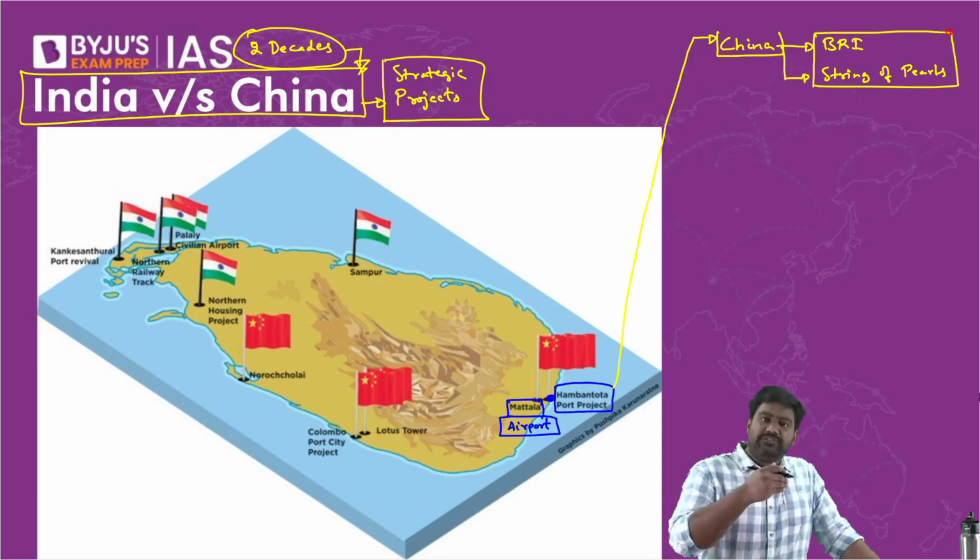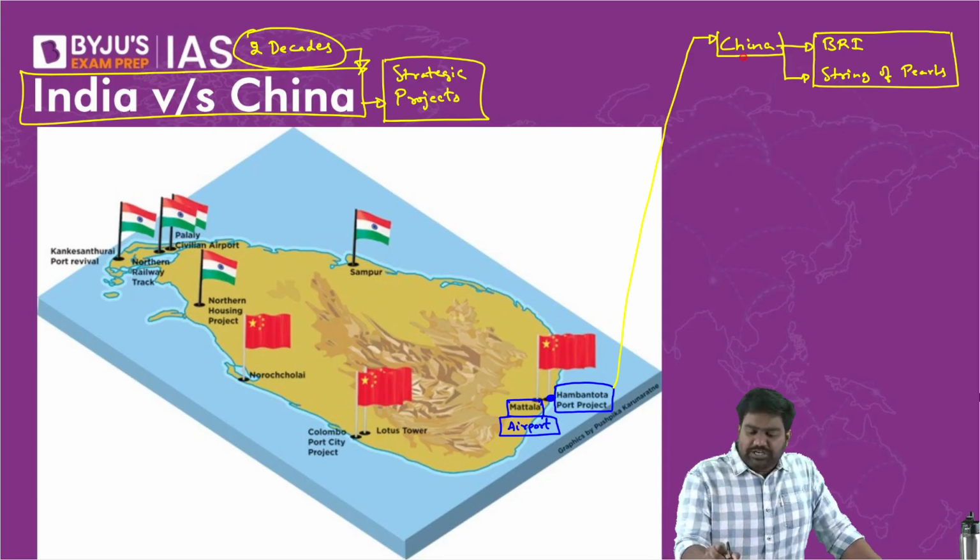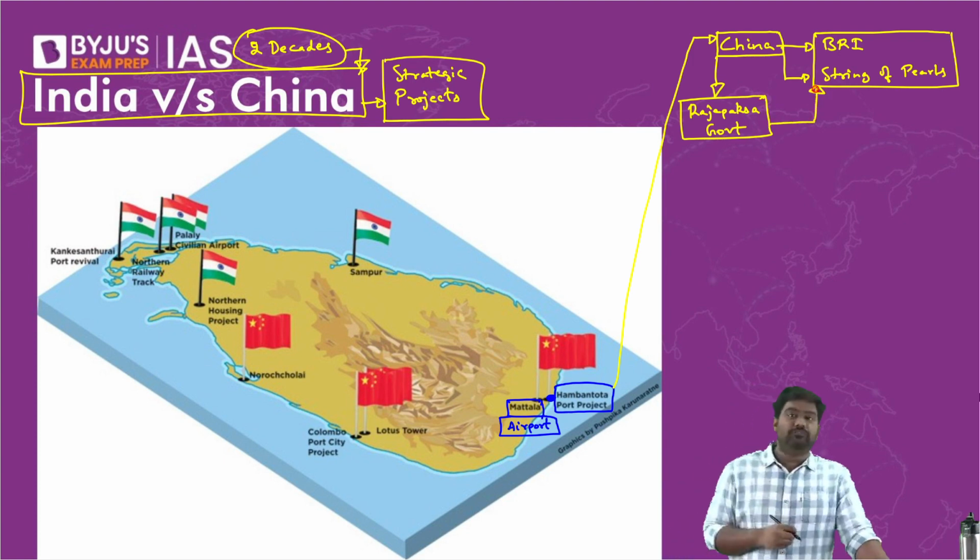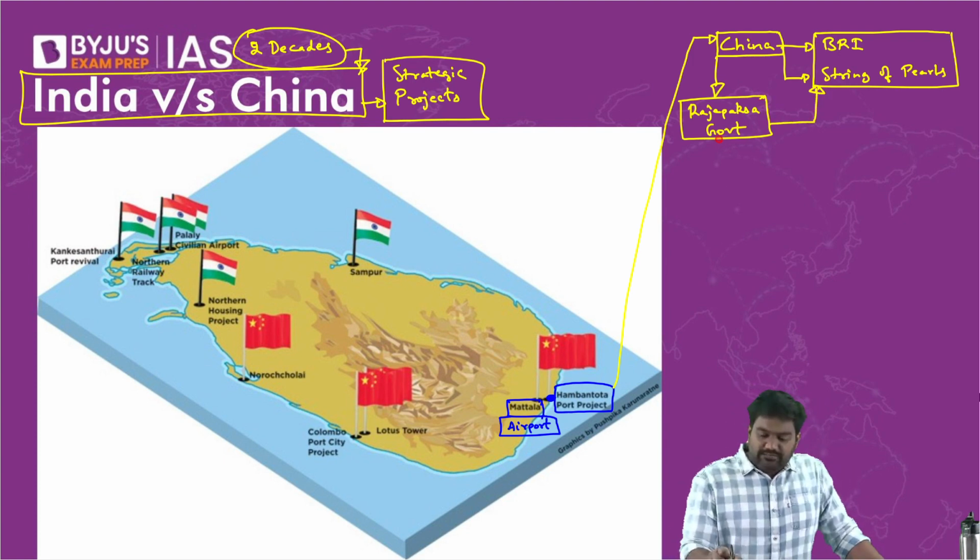Later, Sri Lanka gave the same project to China as China's influence started growing under the Rajapaksa government. Rajapaksa gave away this key project to China, and as part of its Belt and Road Initiative and so-called string of pearls theory, China invested in these projects and developed Hambantota and Mattala. The Hambantota port and Mattala airport.